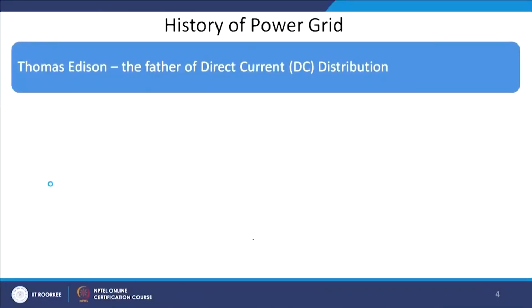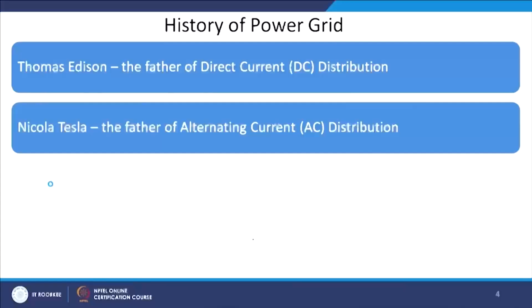The history of the power grid is quite interesting. If you look back, Thomas Edison, considered to be the father of direct current distribution, perhaps created DC technology, and then Nikola Tesla, again we treat him as the father of the AC distribution system.